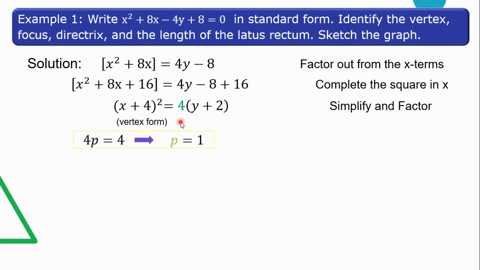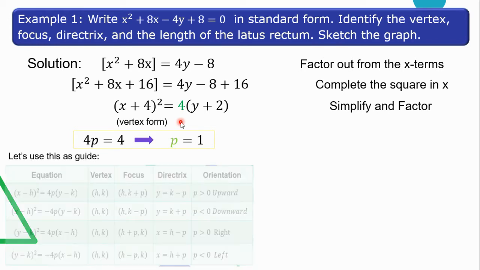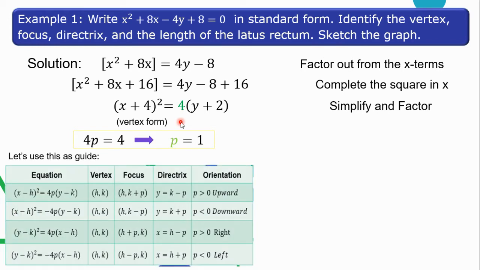Okay, so based on the equation, 4p is equal to 4. Therefore, our p is just equal to 1. If you are confused how, you can watch our guide. Okay. So, based on the standard form we came up with, what do we base it on?